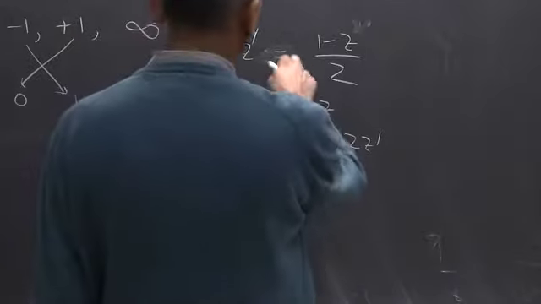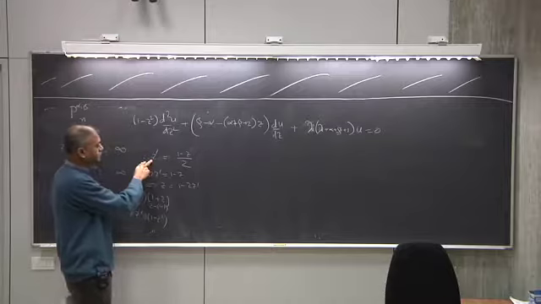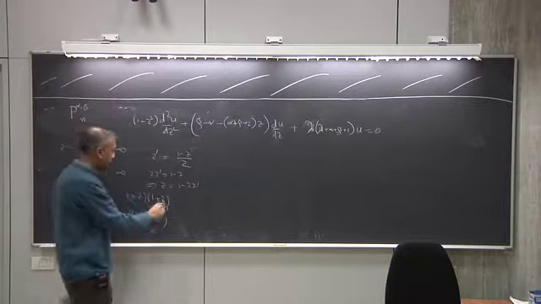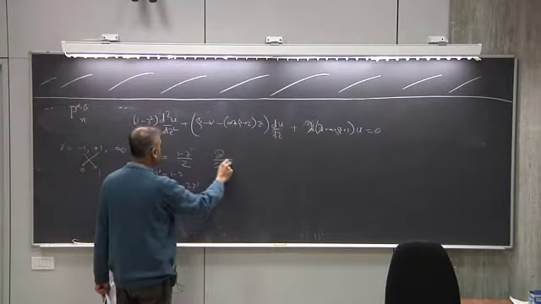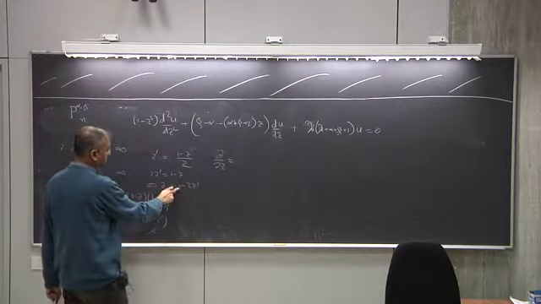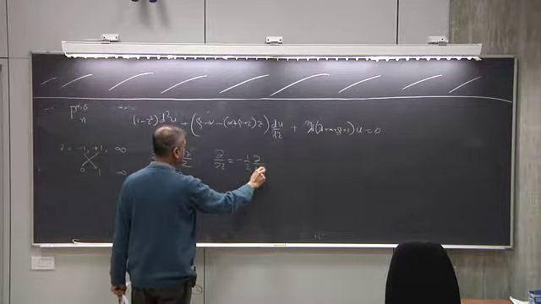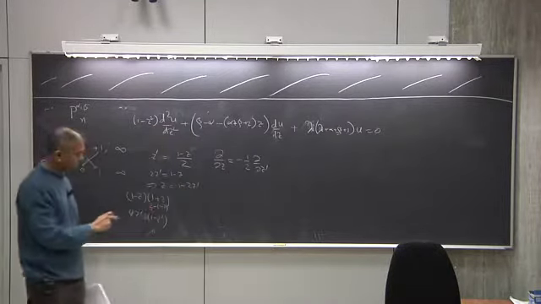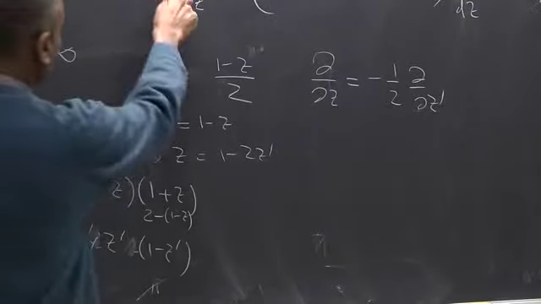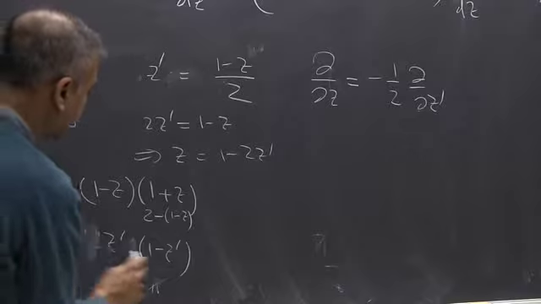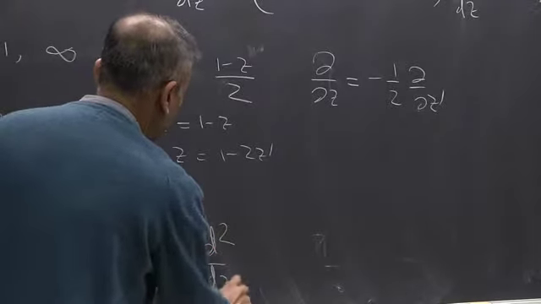And the d by dz will become -2 by... so what is dz prime? d by dz is the same as -1/2 d by dz prime, right? Yeah. So you do this, this factor of 4 cancels, and you just get d2 by dz prime square.